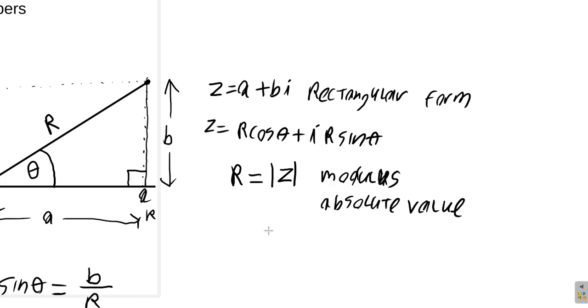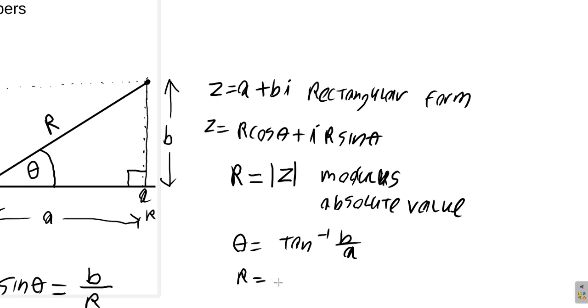Okay, so from here you can see theta would be, well, if you remember your trigonometry, tan theta will be opposite B over adjacent A. So theta will be tan inverse of B over A. So theta is tan inverse of B over A, right?